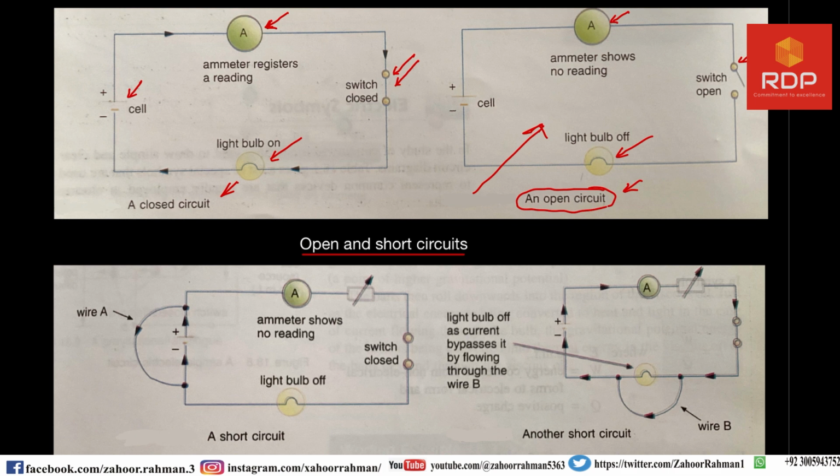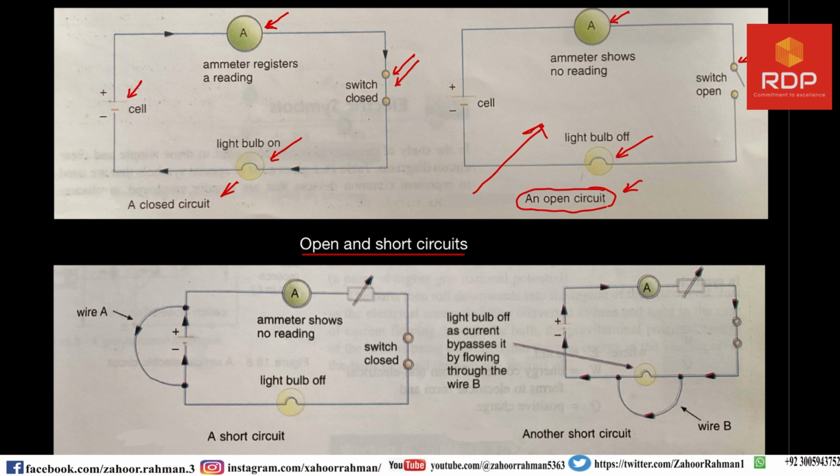The break in the circuit can be due to a loose lamp holder or a missing wire in the circuit. So it means that there is a missing wire or the lamp is loosely fitted inside the circuit. So that is called the open circuit.